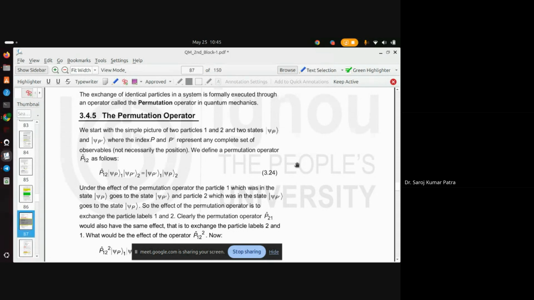So P12, let me come to the equation, then you will be able to understand. P12 operator, okay? We define a permutation operator P12. ये किसके ऊपर ऑपरेट कर रहा है? ψ(P1) and ψ(P'2). That will give ψ(P'1) and ψ(P2). तो ये P12 ऑपरेटर क्या कर रहे हैं?